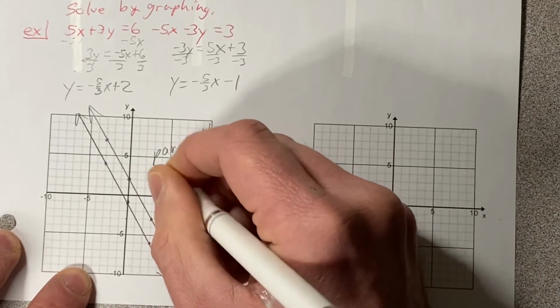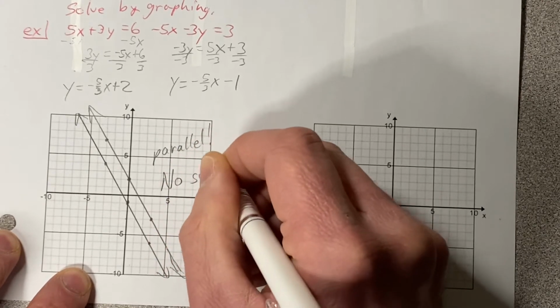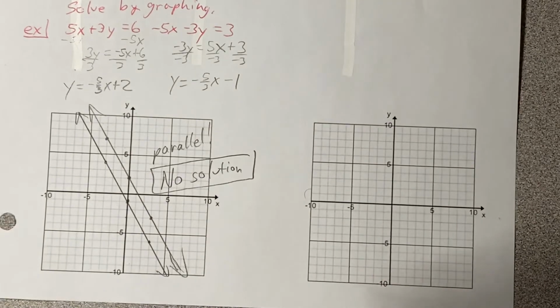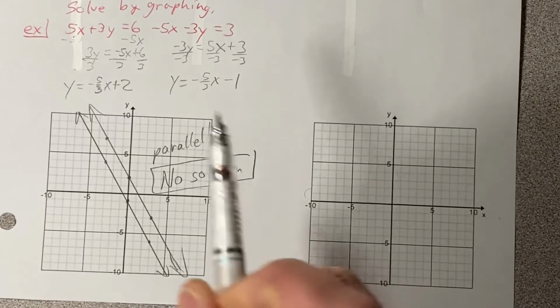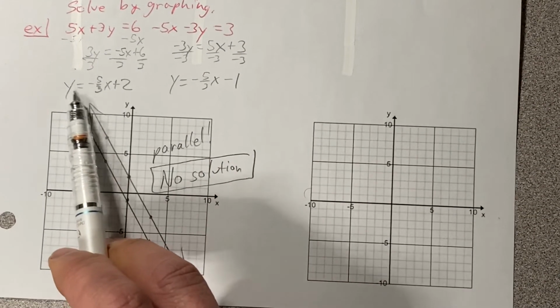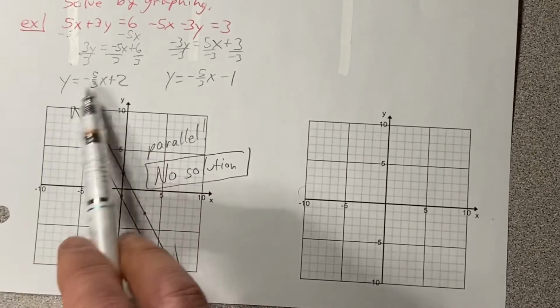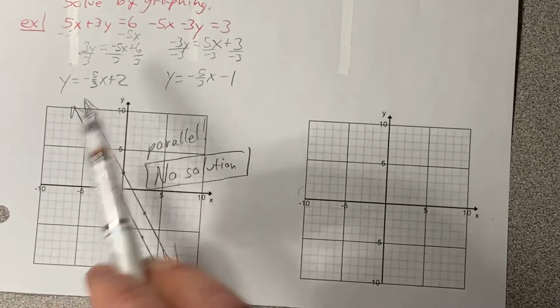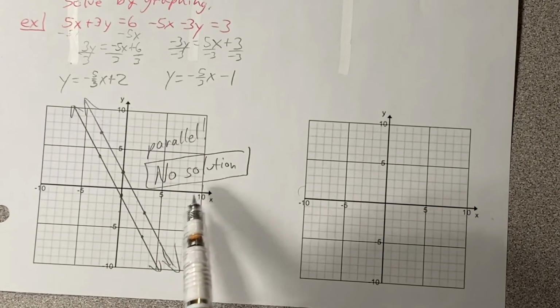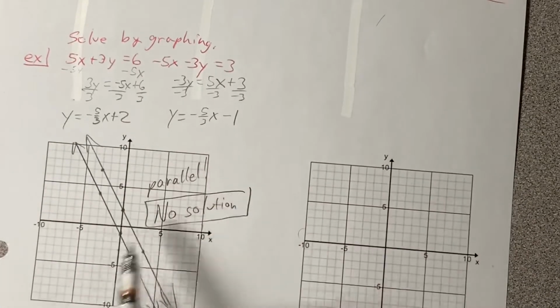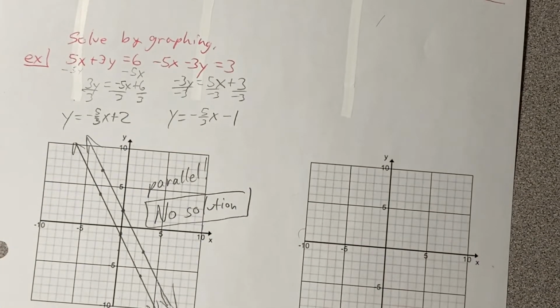And that means no solution. Now, I'll be honest, once you've gotten y by itself, you could have looked at the y-intercepts, saw that they're different, saw that the slopes were the same, and you could have come to that same conclusion without graphing. But here's the thing, if the instructions say solve by graphing, by golly, you better graph it.